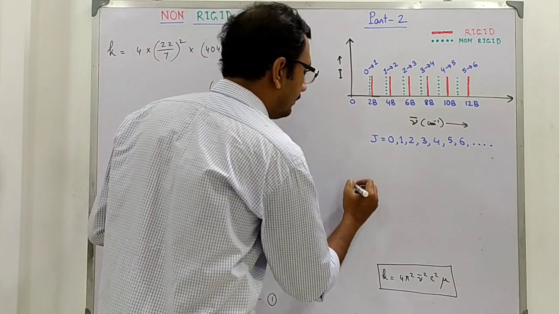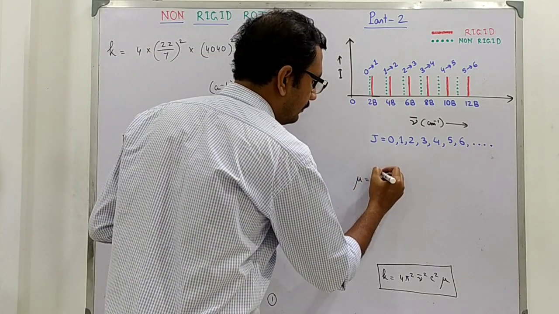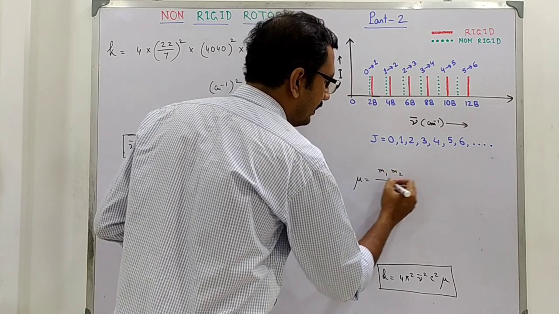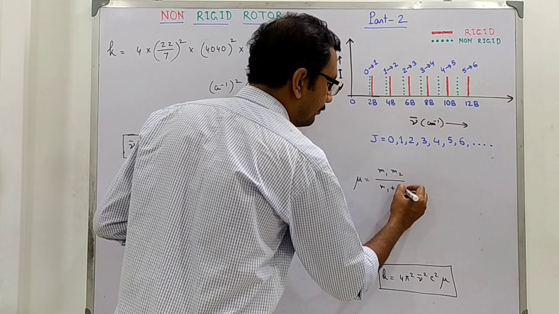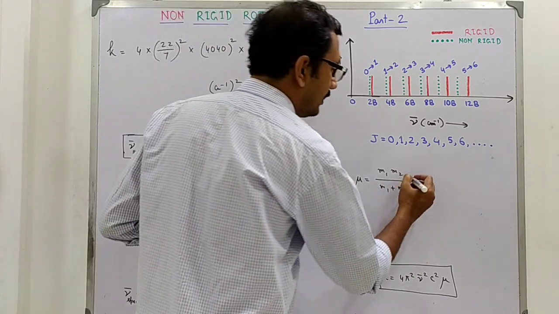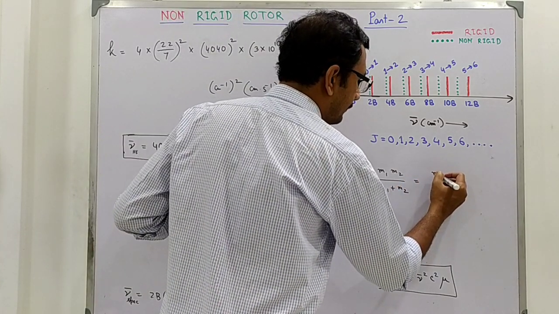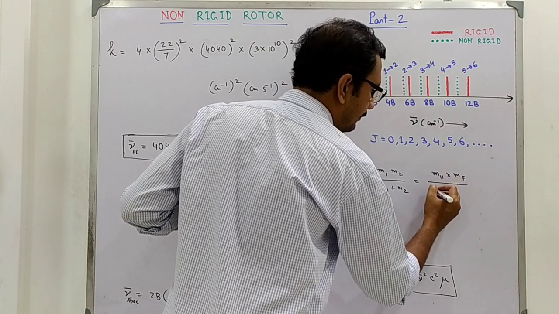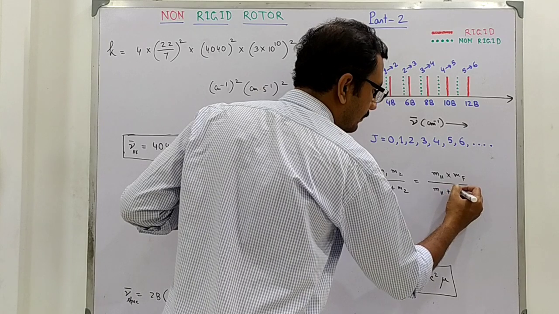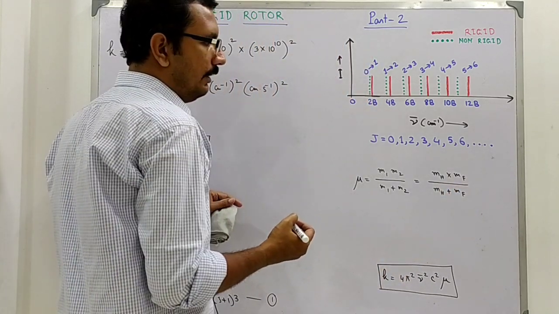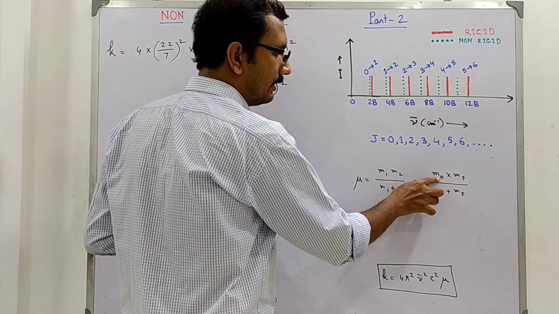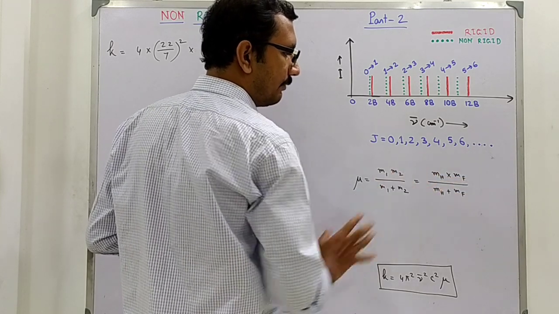So, let us determine the value of mu. We know mu is defined by m1 m2 by m1 plus m2. So, for the molecule HF it will be mH into mF by mH plus mF. Now, this is the mass of the single atom of hydrogen, and this is the mass of the single atom of fluorine.